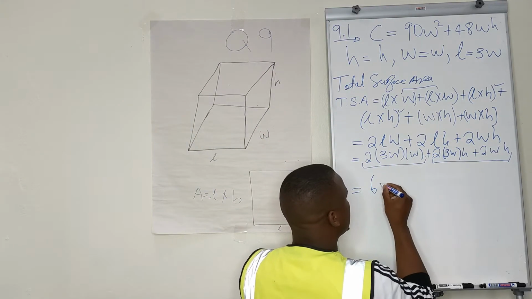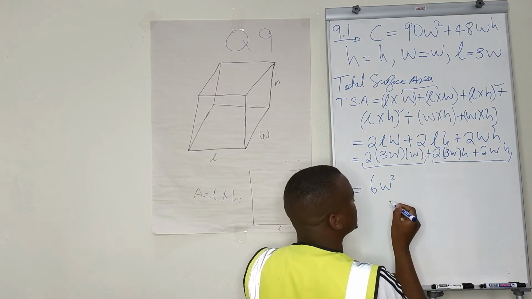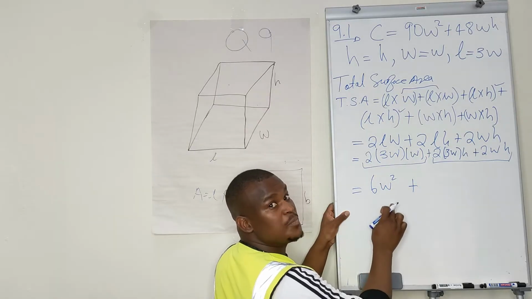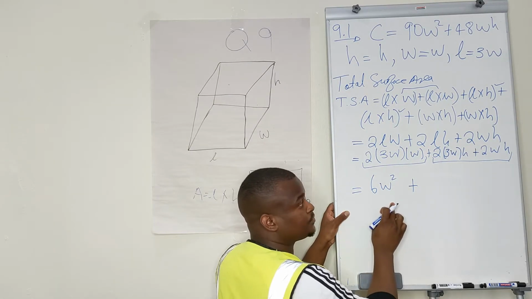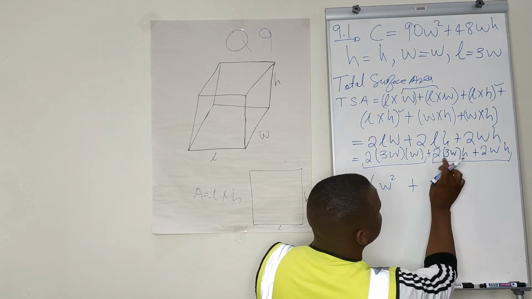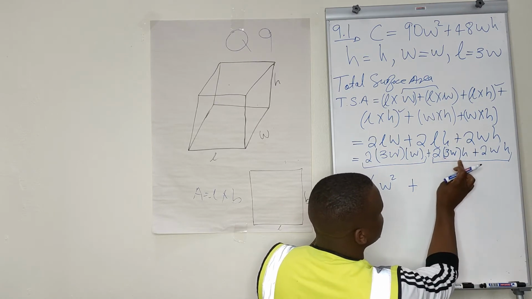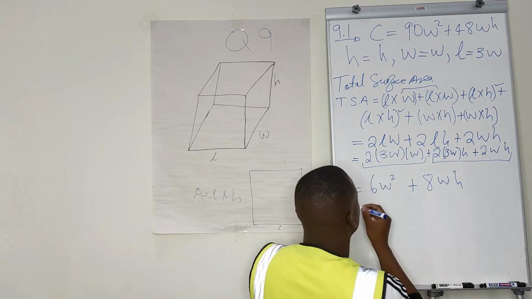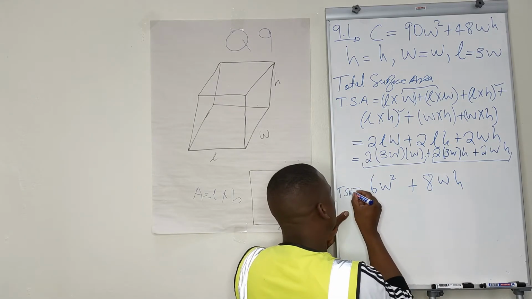So we have 6W squared plus, so this is the area of the top and bottom in square meters, plus this times this is 6WH plus that, so it's 8WH. So this is the total surface area.